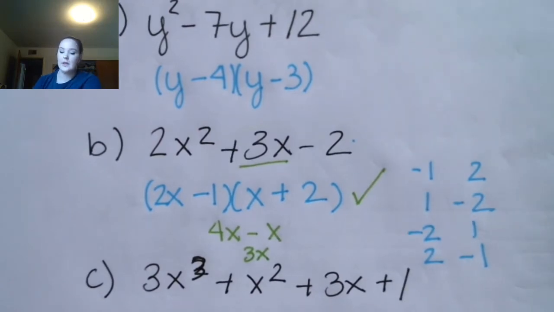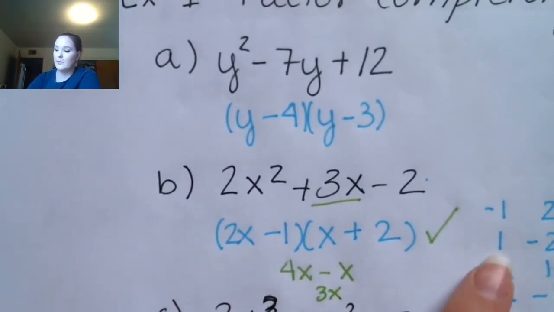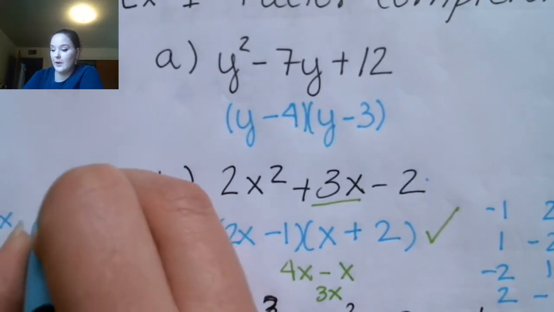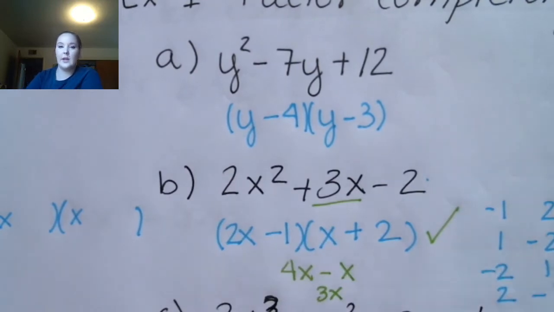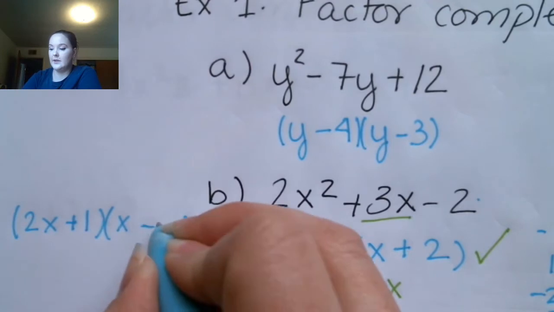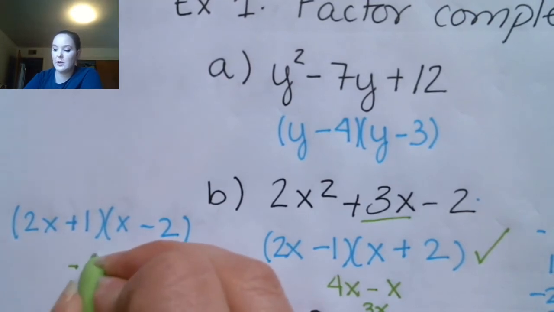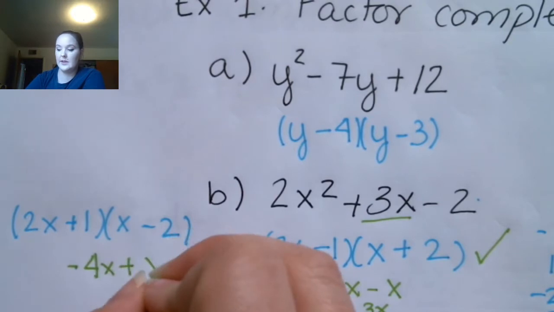Just for example, if you had tried something else, let's say I had tried 1 and -2. Remember this was my setup. With +1 and -2, this would give me 2 times -2, which is -4x, and 1 times x is plus x.